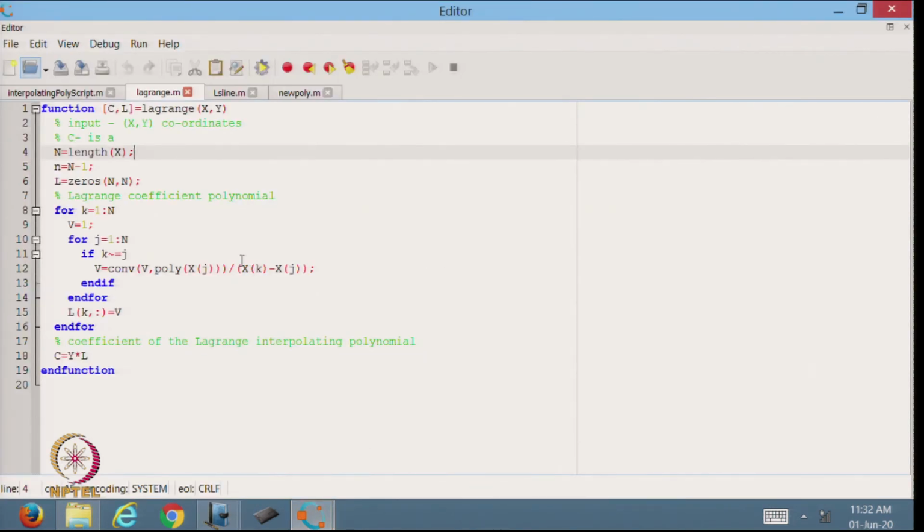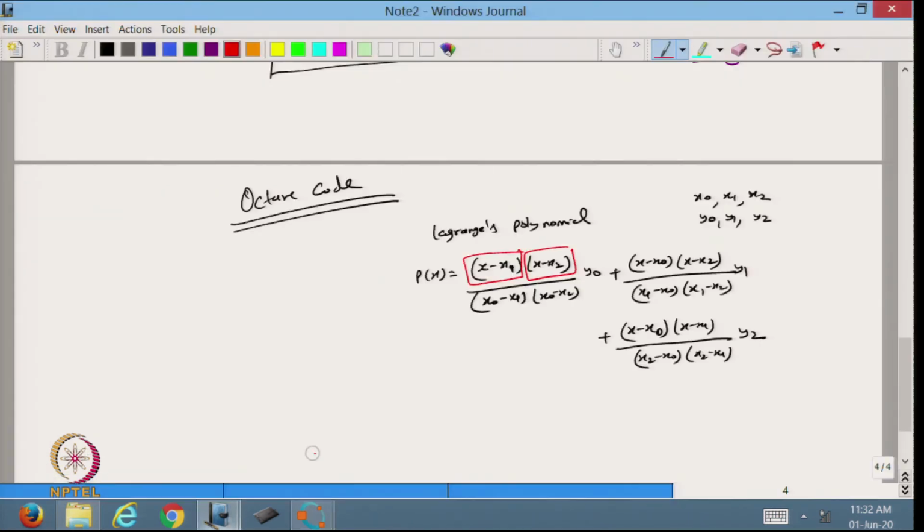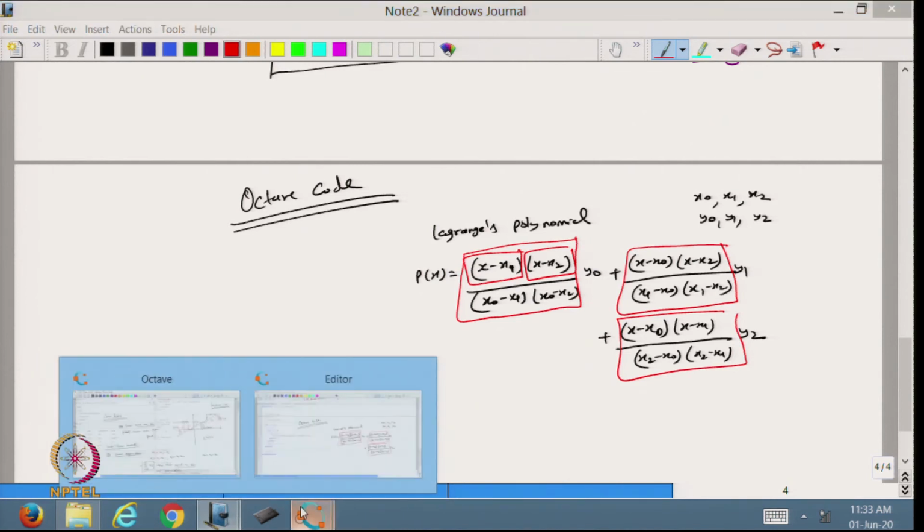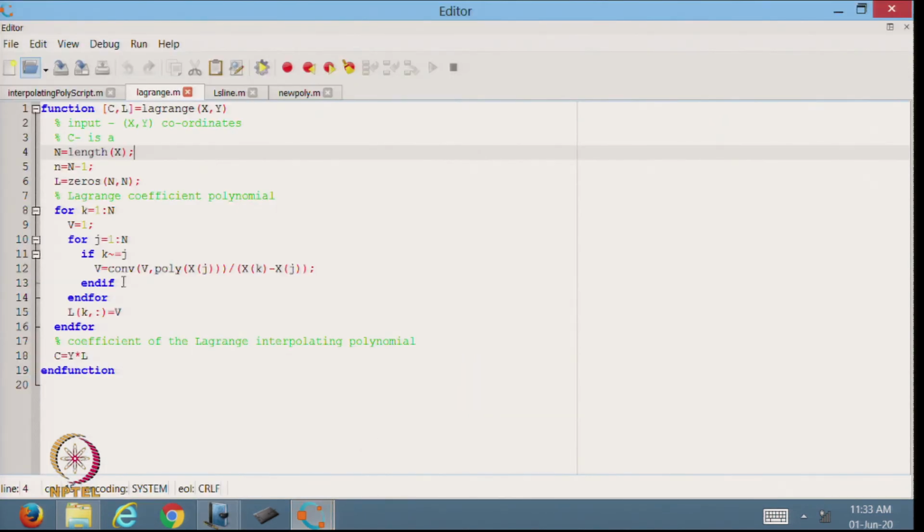So with the help of this one I am able to find all these Lagrangian coefficients, Lagrangian polynomials, whatever we are defining. So what I am going to do, I am going to find out what is the value of this one, what is the value of this one, and what is the value of this one. And this one I can do for all values of the data that is given to me.